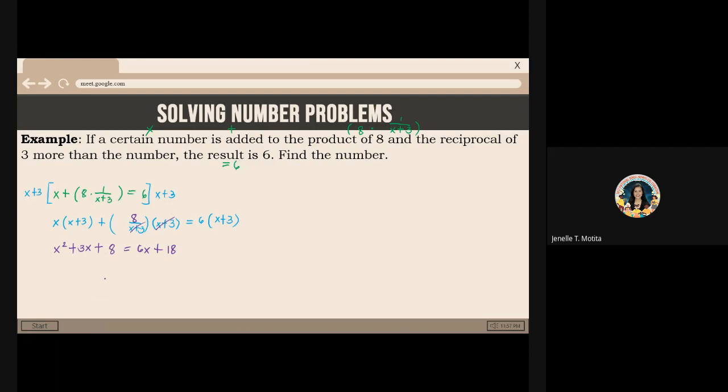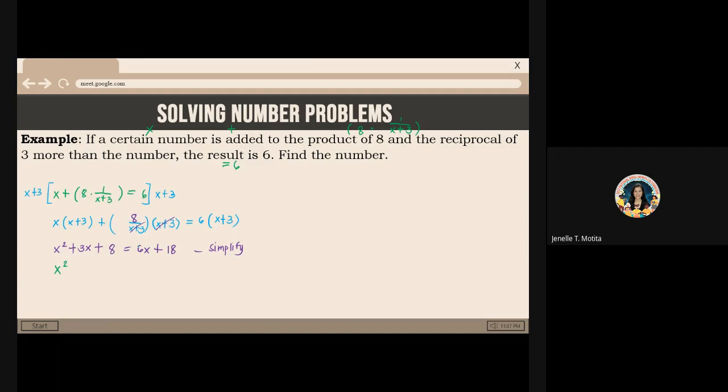We combine like terms. Okay. Let me write here simplify. Next step is to combine like terms. Let me use green. Okay, you got x squared. Nag-iisa lang siya. Next, for 3x, and you got 6x in here. So, ilipat natin siya.